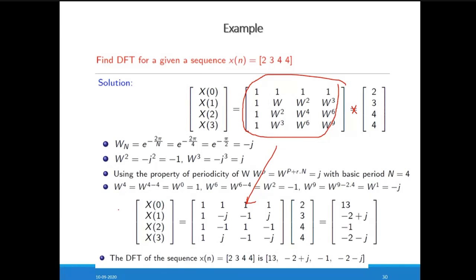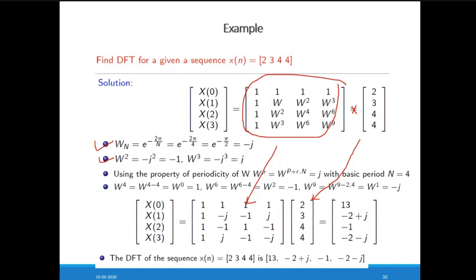So what we have done: to calculate the DFT, we have taken a 4 cross 4 twiddle factor matrix, its values calculated by these equations, and then multiplied this with the given sequence. So this is a matrix multiplication between the n cross n, here 4 cross 4, twiddle factor matrix and the n cross 1 x of n, the given sequence.